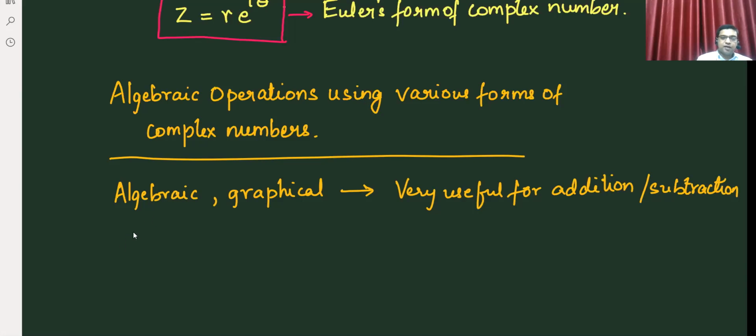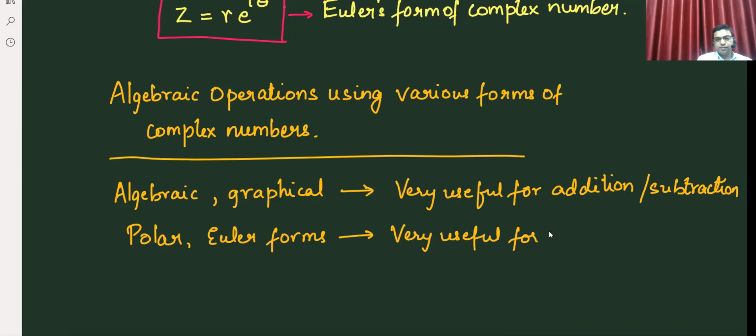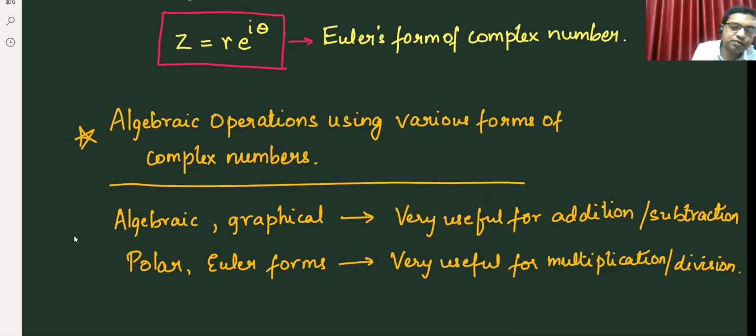Now polar form and Euler form, very useful for multiplication and division. So this is what I'll start with and complete the remaining exercise on CBSE in the next 3 classes.